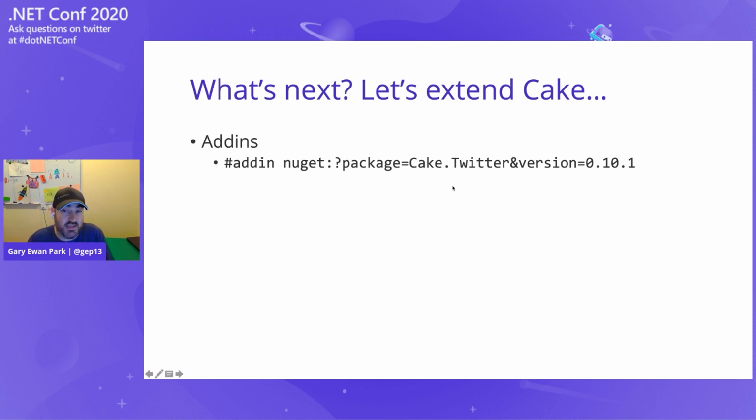One of those, for example, is Cake.Twitter. If you wanted to send a tweet when your publishing cycle is finished, you can absolutely do that, using the add-in preprocessor directive. That will bring in the Cake.Twitter package, again pinned to a specific version so you have a repeatable, maintainable build, and that will allow you to have another alias that is send tweet.